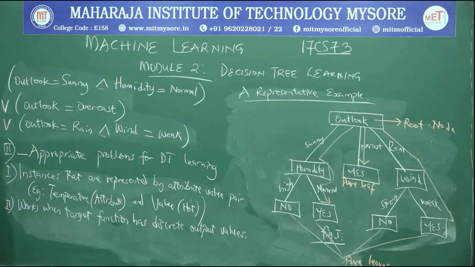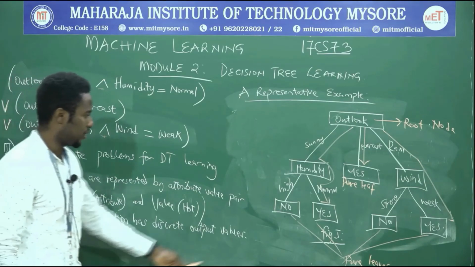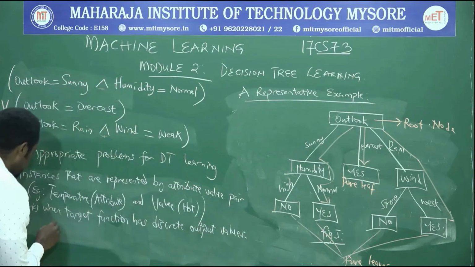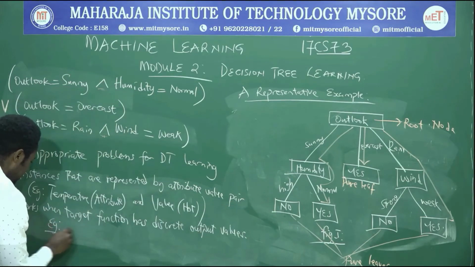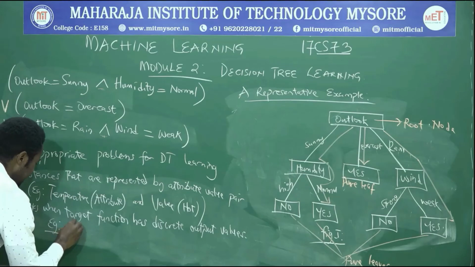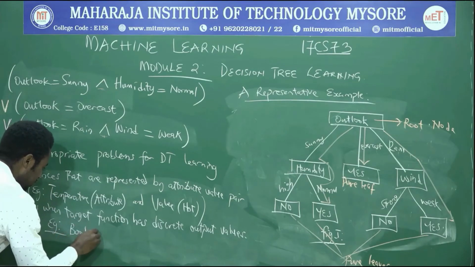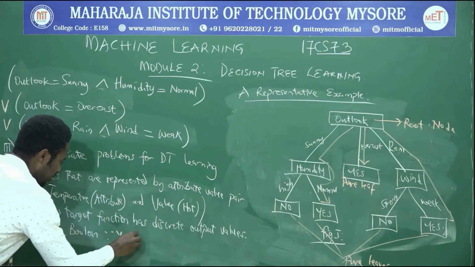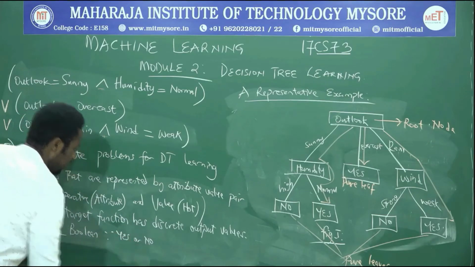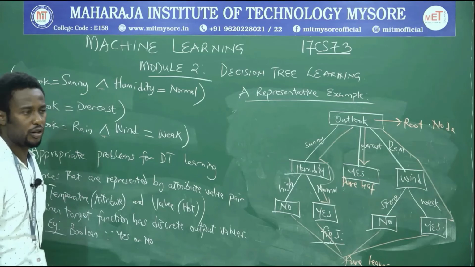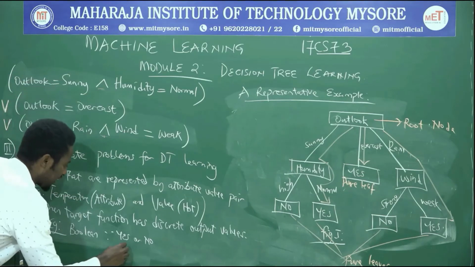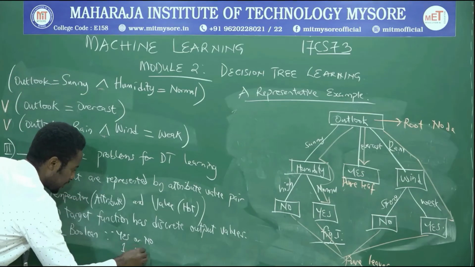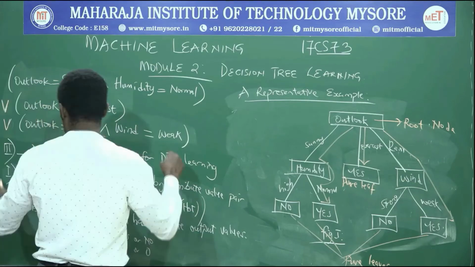Here we are talking about a Boolean function, such as yes or no. Can we represent it as true or false? Why not? 1 and 0? Why not? Okay. Now, write it here.